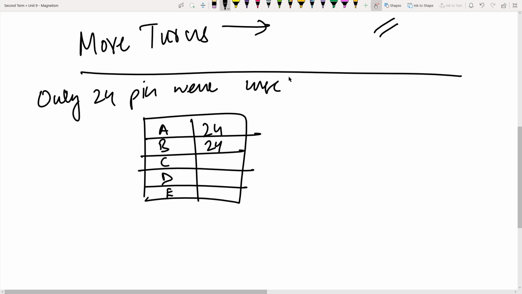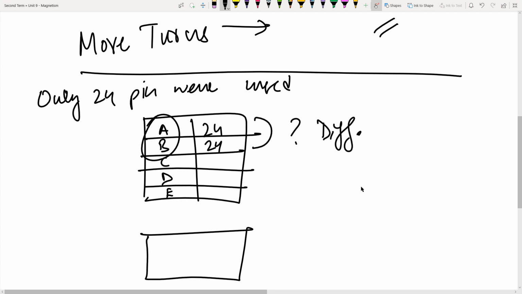So the student was not able to identify the difference. Why? Because he didn't have more pins. If he had added more pins, then he would have been able to identify which one was stronger out of A and B. In the second experiment, in the diagram, the magnet was on top and the pins were there.